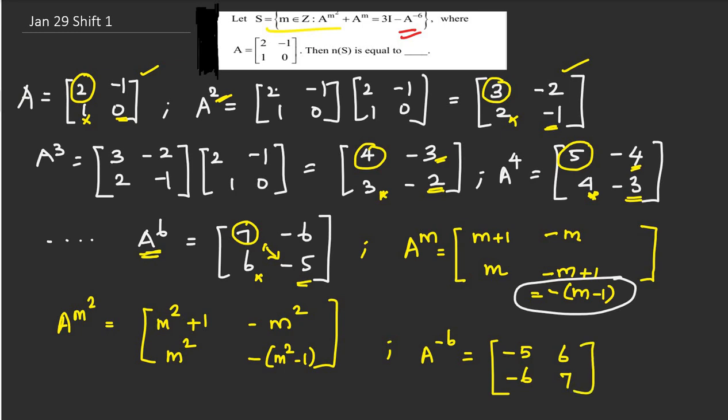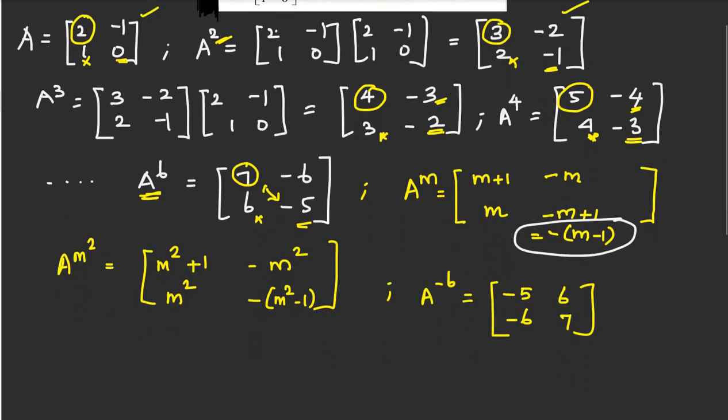Now we are going to find what is 3i minus a power 6. Then 3i minus a power 6.